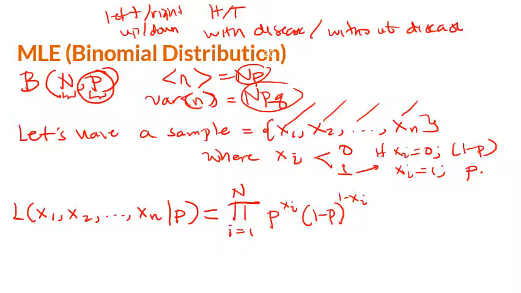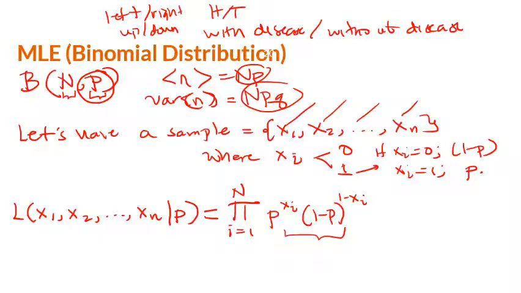Okay, let's look at this distribution, class. So let's examine yung isa-isang term. If xi is 0, dapat q or 1 minus p. So p to the 0 is 1, and then 1 minus p to the 1.